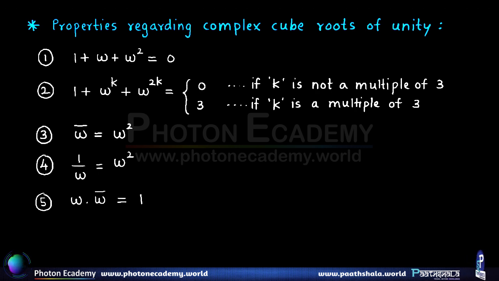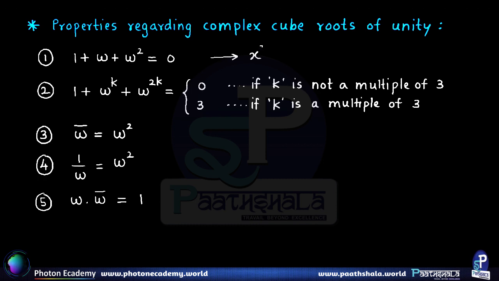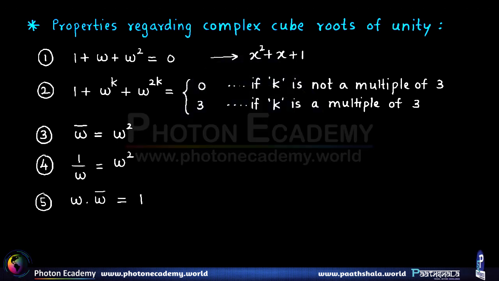Now if omega is the complex cube root of unity, then 1 plus omega plus omega square is equal to 0, because it directly comes from the fact that we had solved the quadratic equation x square plus x plus 1 equal to 0, and the root of this quadratic was nothing but omega, so it must satisfy this particular quadratic equation. So we have this first property.